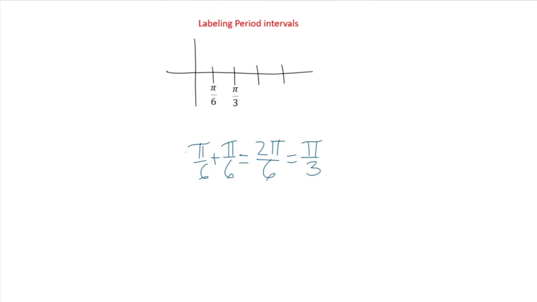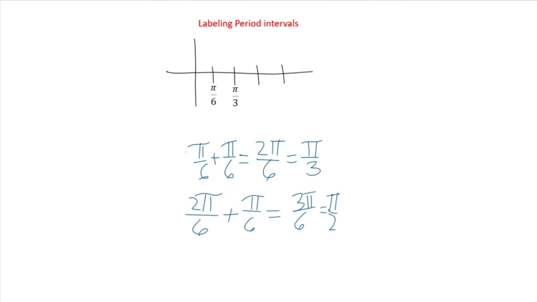So for pi over 3, again, we're going to use the common denominator of 6. We're going to keep our 2 pi over 6 because we want to add pi over 6, so we need the common denominator to make this easier. So this is going to be 3 pi over 6, which we can simplify to pi over 2.